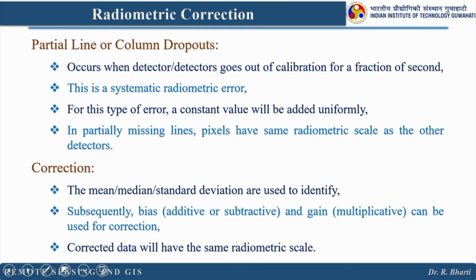So, again, during the measurement it had some error, but it has limited itself between 0 to 255 in 8-bit data, and after correction also it should not go beyond your radiometric resolution. That means it should be between 0 to 255, right.